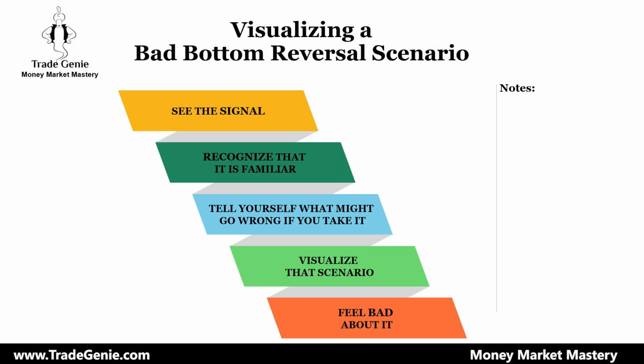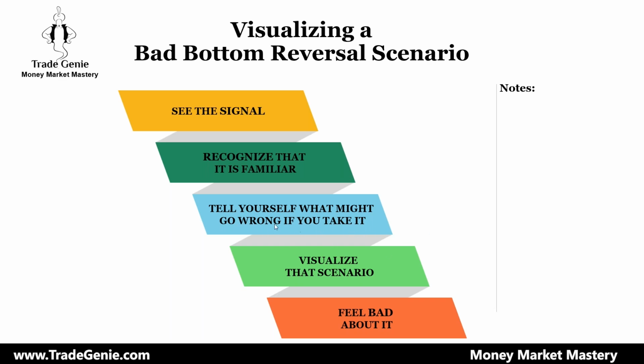But then you start telling yourself what can go wrong. This comes into your mind, and you say, no, this gap down, I don't know. I wait, and then you ignore it, and then it just continues to fall apart. When you're telling yourself what might go wrong, you start visualizing that scenario, how much money you will lose by taking that trade.